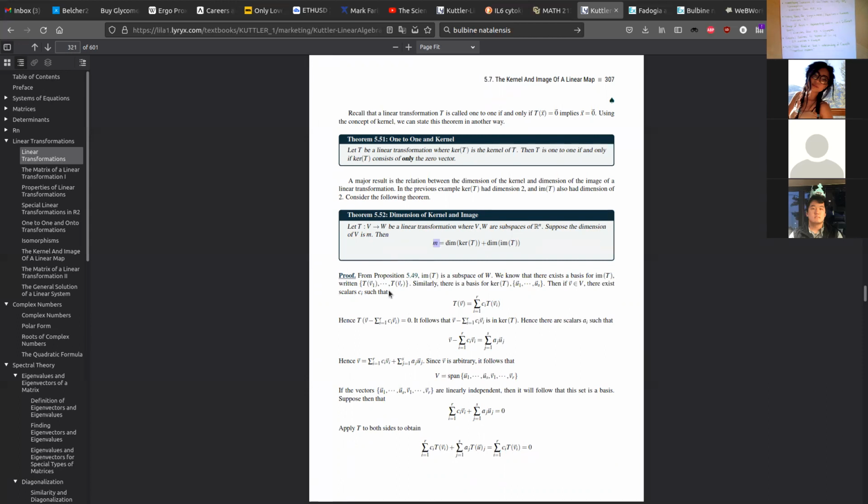Everything in the domain we can plug into a linear transformation, and it has to go somewhere. So it's either going to go to 0 or it's going to go to something that's not 0. That is kind of the heart of what's going on with this theorem. And then, of course, by the linearity of our transformations, of our spaces, it boils down to a nice dimensionality argument, or a nice dimensionality theorem.